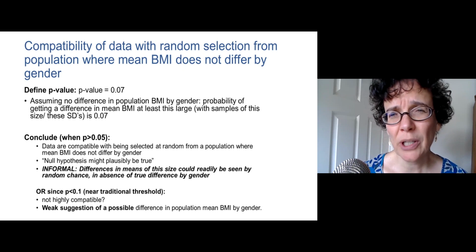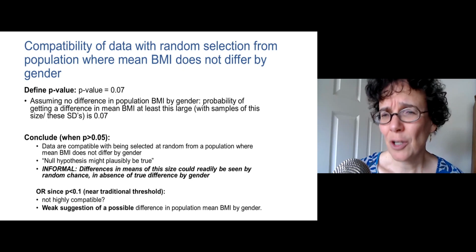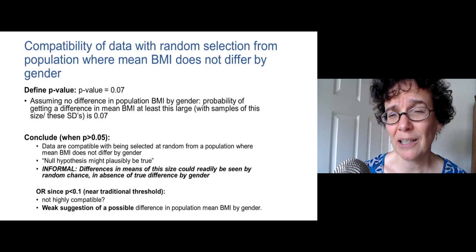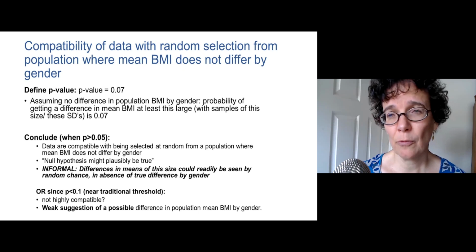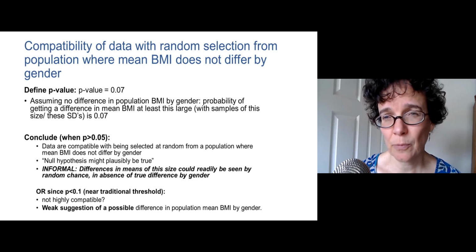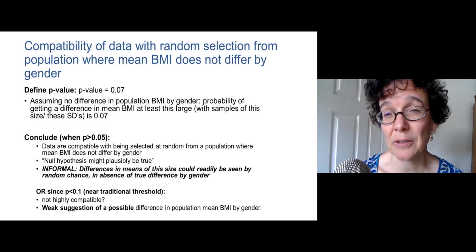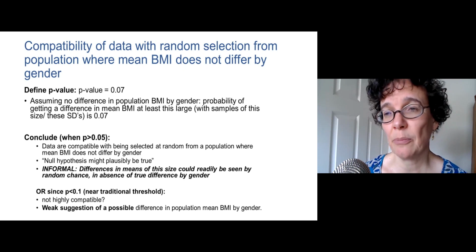So maybe because it's quite near the cutoff, it's not so highly compatible with being selected at random from a population where they aren't associated. So you might say there's a weak suggestion of a possible difference in population mean BMI by gender.